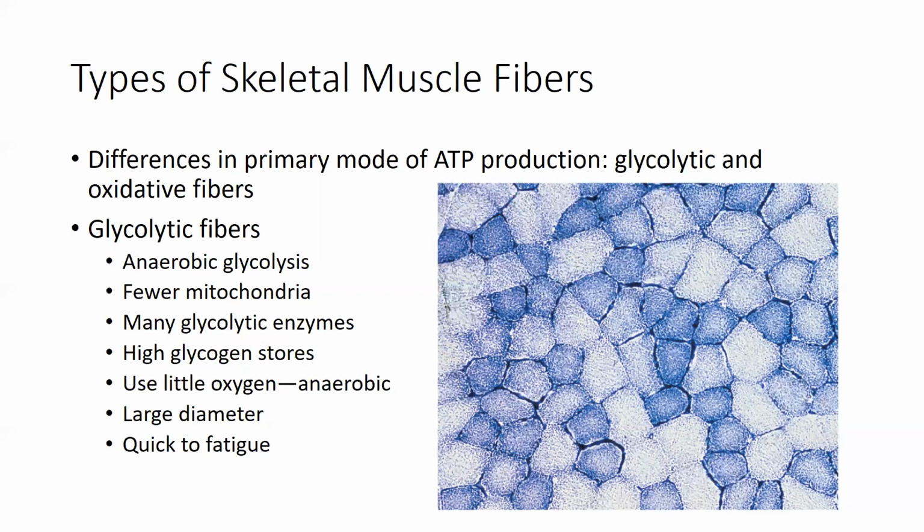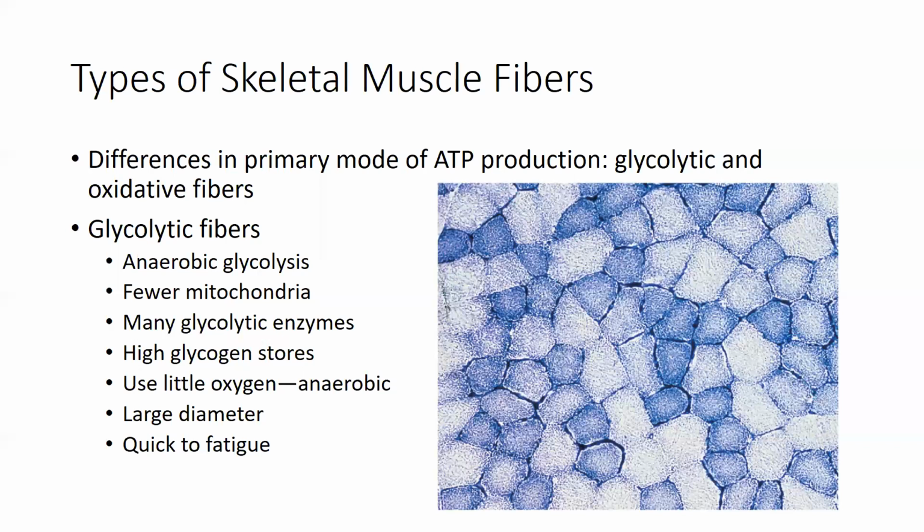There are many glycolytic enzymes. Why? Because glycolysis is the main source of ATP, so it only makes sense that you have lots of those glycolytic enzymes, right? Your phosphofructokinase, all of those glycolytic enzymes that create those steps of glycolysis.